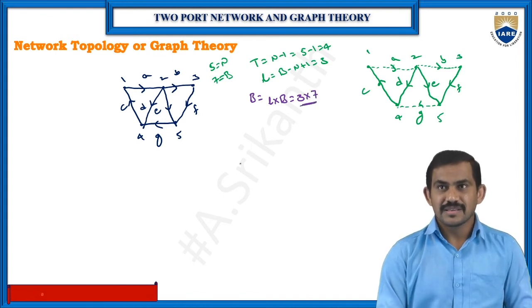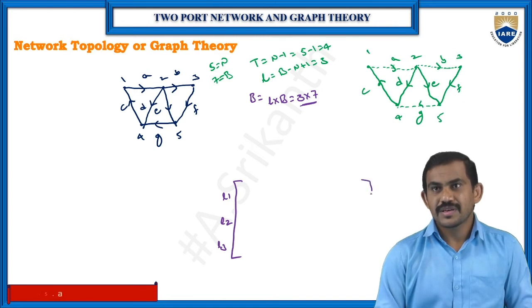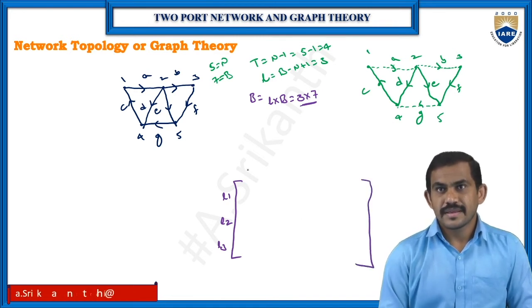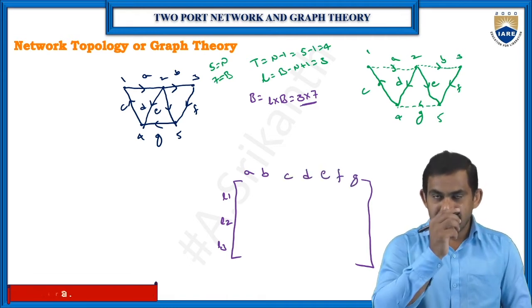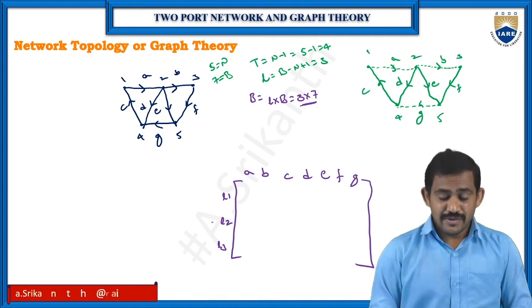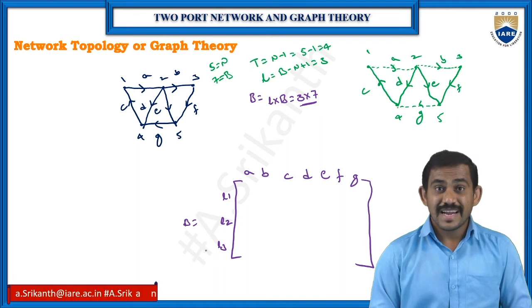This is your matrix. For this B matrix, the rows are L1, L2 and L3, and the columns are A, B, C, D, E, F, G, my branches. Now I want to find out the links, and using these links I want to find out the B matrix.